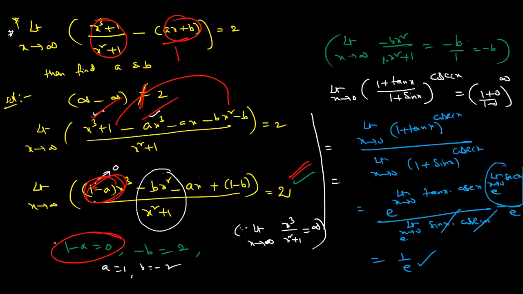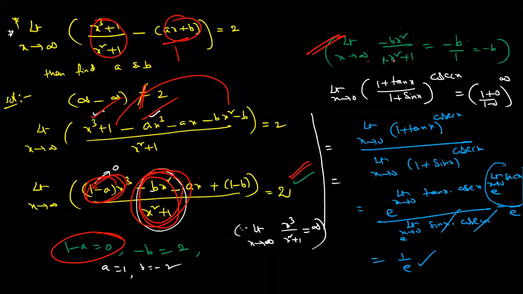That's why I'm taking 1 minus a is equal to 0. And here only you are getting the finite value. How much? I wrote, see here. Limit x tends to infinity of minus b x square by x square plus 1: the degree of numerator is equal to the degree of denominator, so you should write the leading coefficients, minus b. Again, what about my case? 1 minus b by x square plus 1.